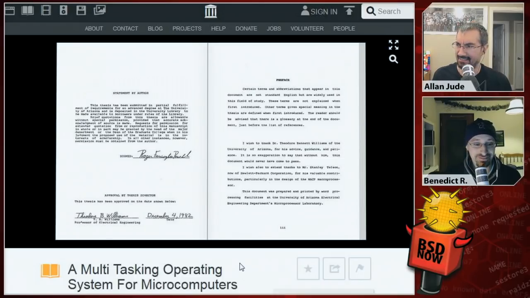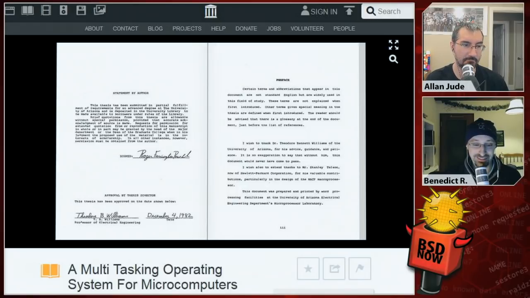I think it was also used in things like the Apple IIe and some Commodores and the Atari and lots of other systems. But super basic processor from a long time ago, and somebody made a full Unix-like multitasking operating system for it. The whole thesis is there if you want to go read it.